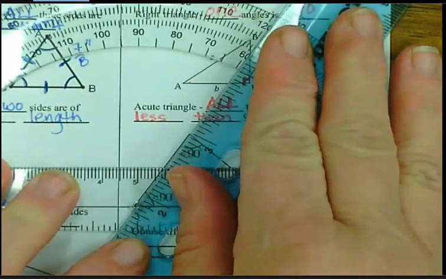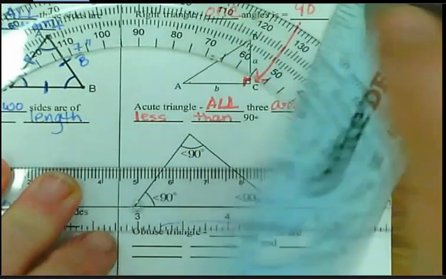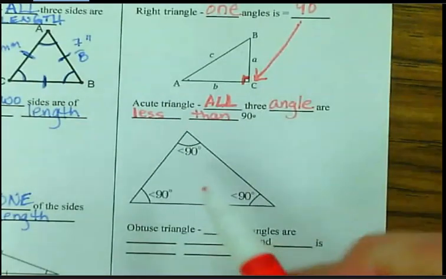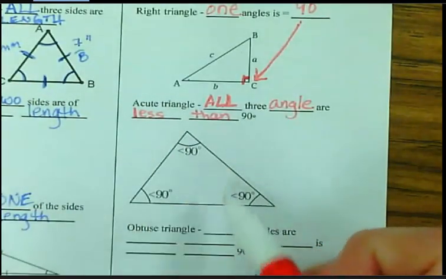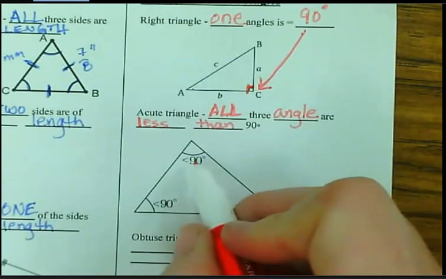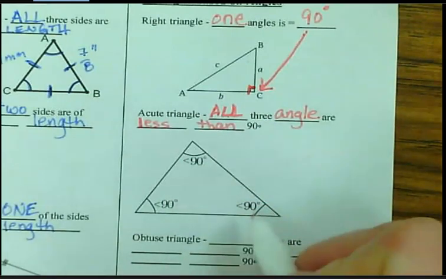And oh no, it looks like it is 60. So the picture didn't look like they were all equal, but they are apparently all 60 degrees. So this would be an equilateral acute triangle. All right. So this is 60, 60, 60, which is really less than 90, less than 90, less than 90.